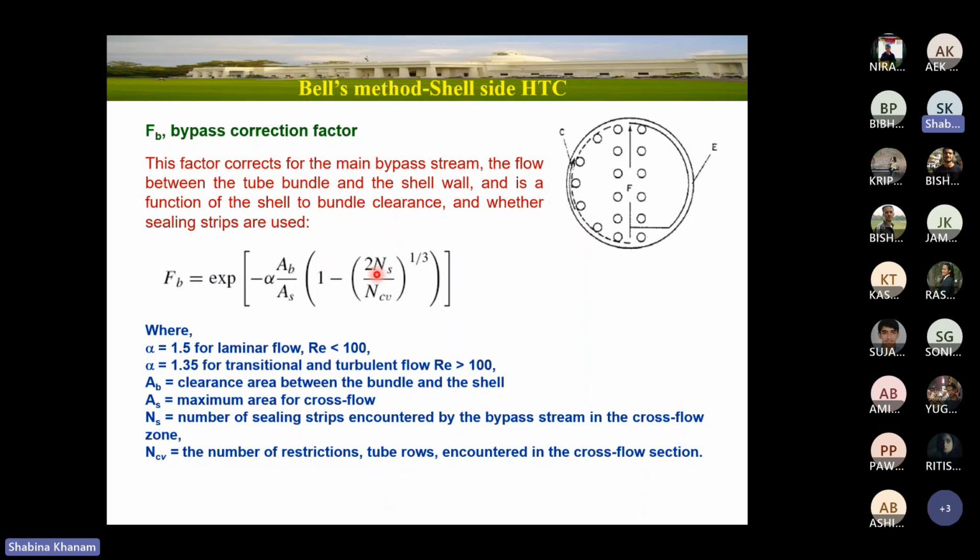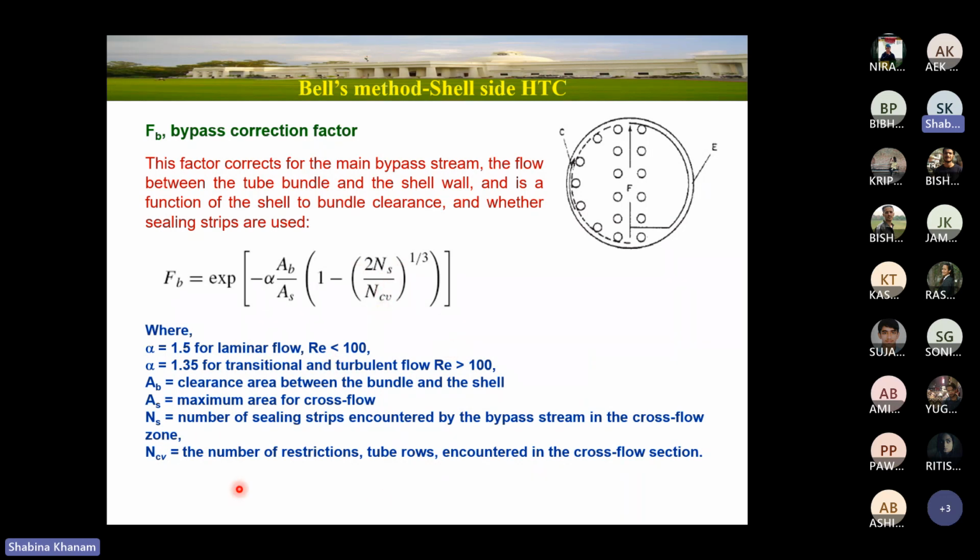NS is the number of sealing strips. Yes, that is an important parameter. It is the number of sealing strips counted by the bypass stream in the cross flow zone. Depending upon the number of sealing strips we can have the FB value. How to consider the correct number of sealing strips, that we will discuss.